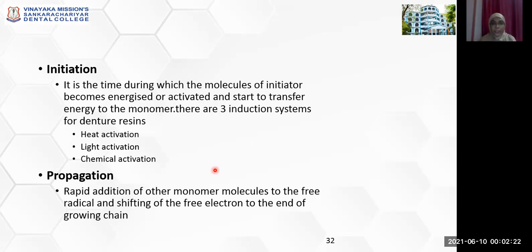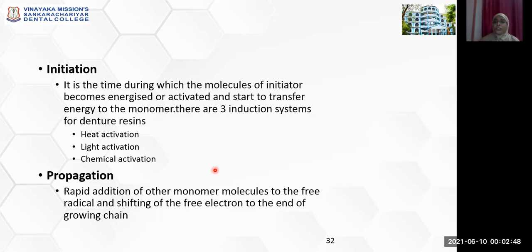You have heat activated denture base resins, light activated denture base resins, and chemically activated denture base resins. In heat activated it is heat which activates the initiator, in light activation it is light, and in chemical activation a chemical activates the initiator.